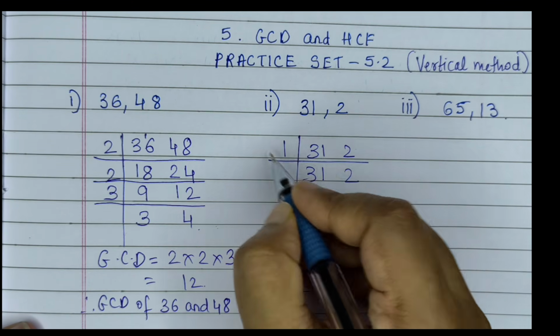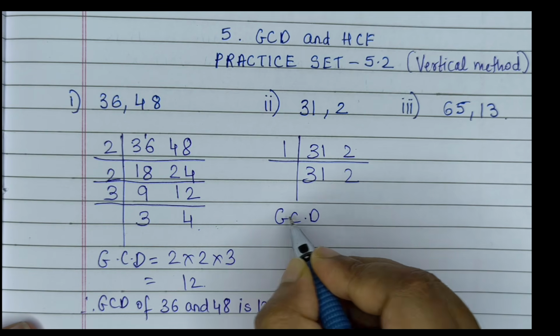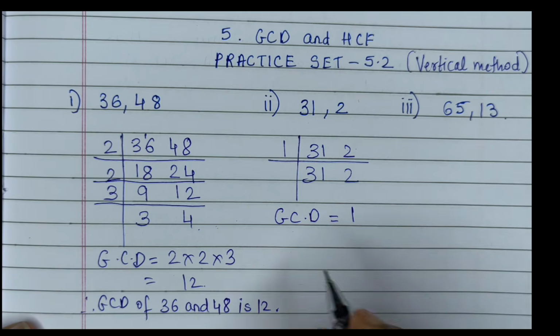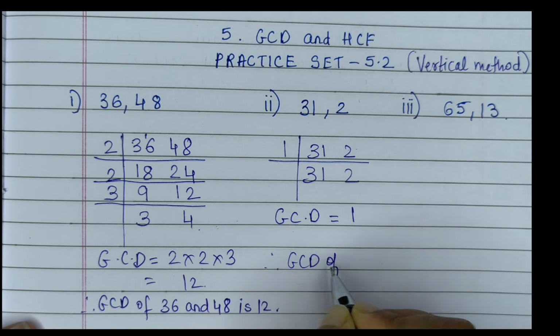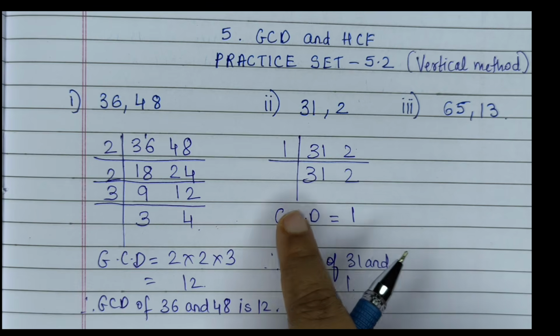So what is the highest factor over here? GCD is equal to 1. So therefore GCD of 31 and 2 is 1. Understood? So here we have finished the second sum.